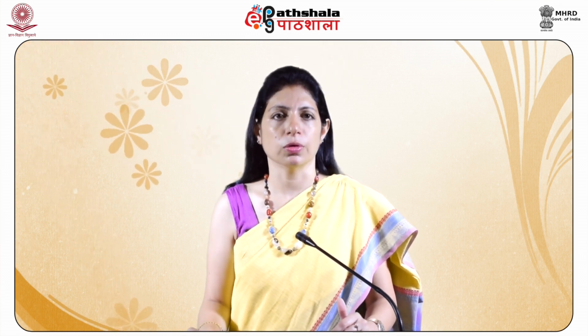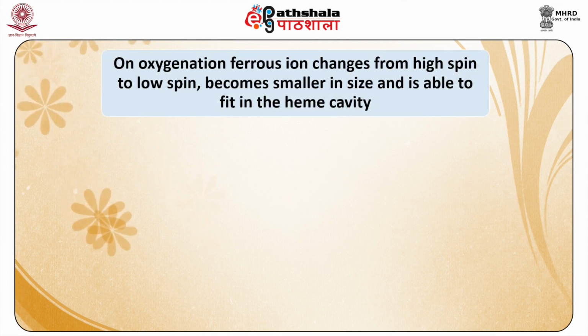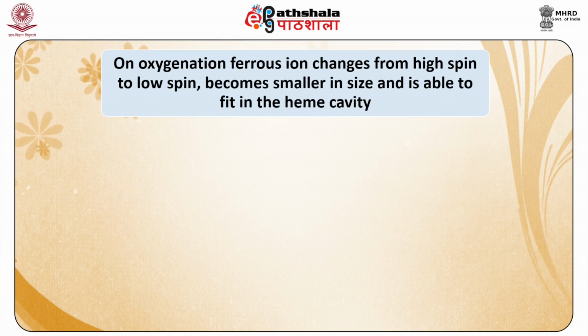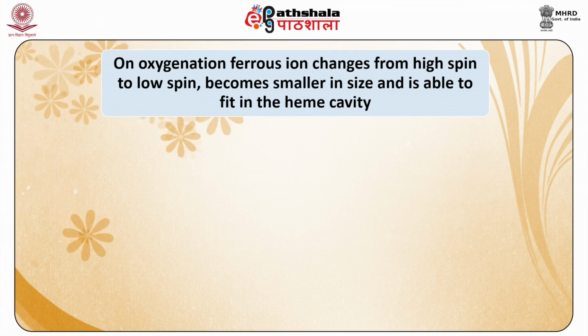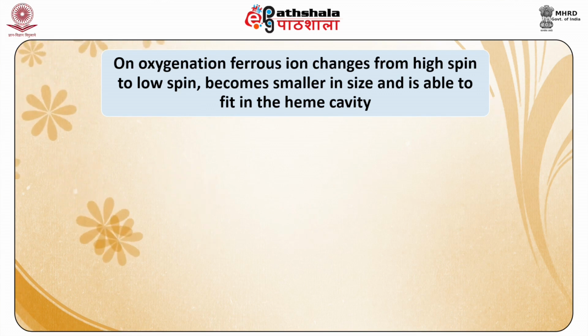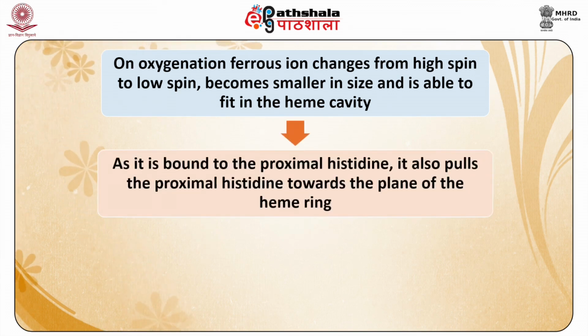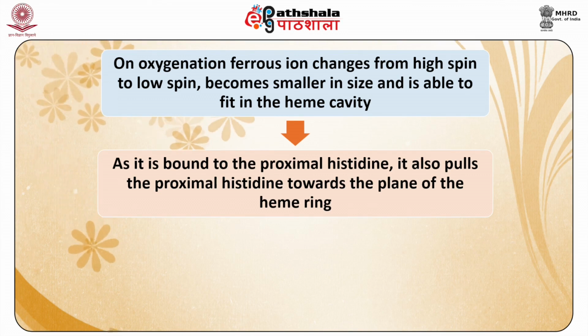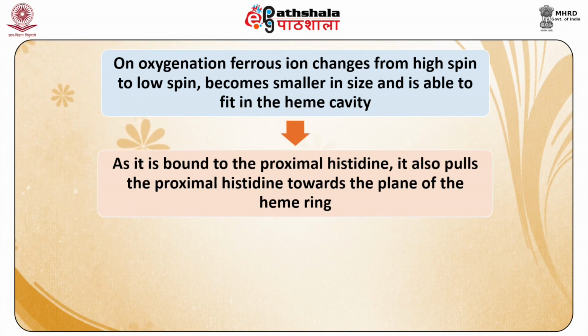A trigger mechanism proposed by Perutz explains the basis for cooperativity in hemoglobin. On oxygenation, ferrous ion changes from high spin to low spin, becomes smaller in size and is able to fit in the heme cavity. As it is bound to the proximal histidine, it also pulls the proximal histidine towards the plane of the heme ring.